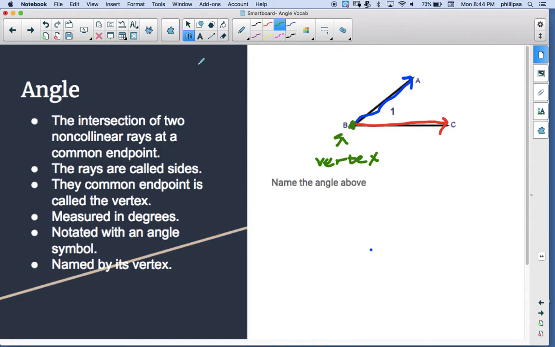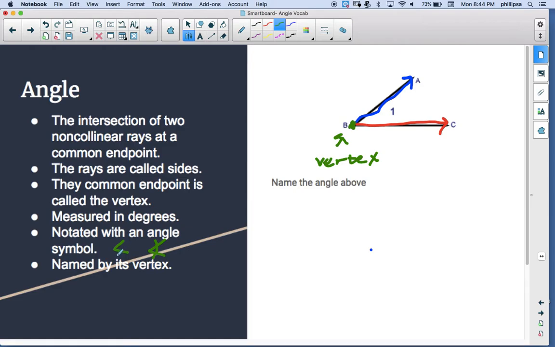Angles are always measured in degrees. We do notate an angle, so there's a way that we can use an angle notation, and that could look in one of two ways. You can either see it like that, kind of looks like a less than sign, or you can see it like that, which is a less than sign kind of with a strike through the angle part.